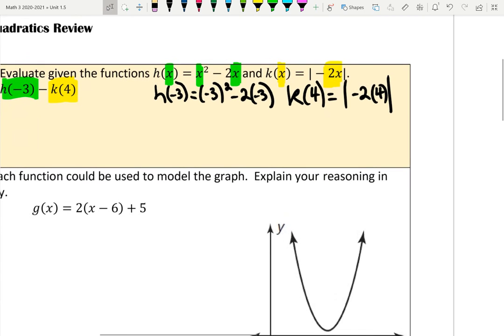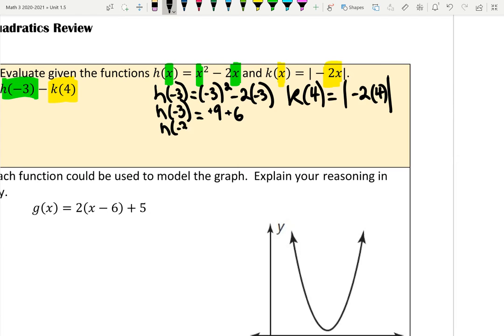Now, after I've written it out, I'm going to solve. What is the output when x is -3? Well, -3 squared is +9. -2 times -3 is +6. Let me continue. H of -3: when x is -3, the answer is 15.